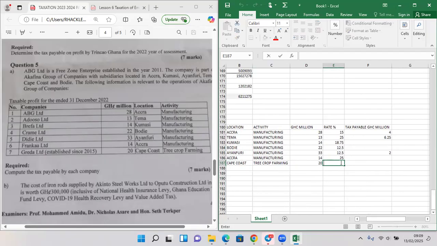Under normal circumstances, the current rate here is 5%, but at the time they set this question it was 1%. We use that 1%. So most often you check the year; in 2022 it was 1%, but 2023 coming down, it is 5%.